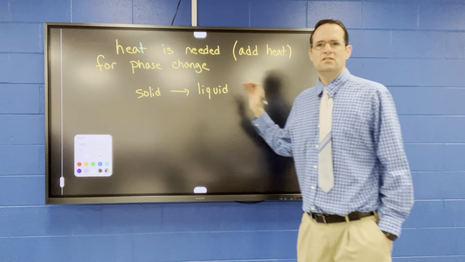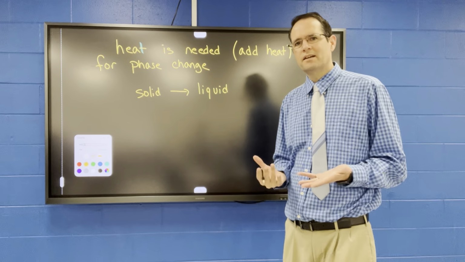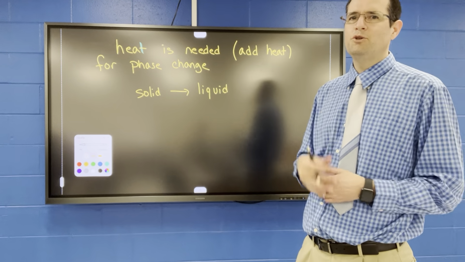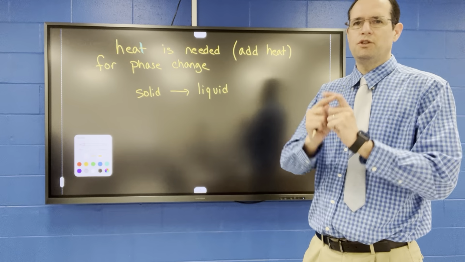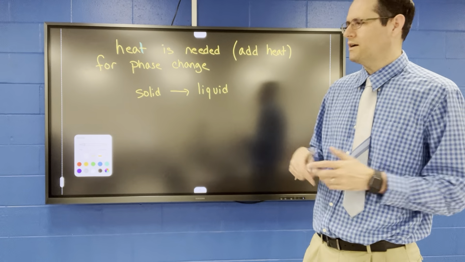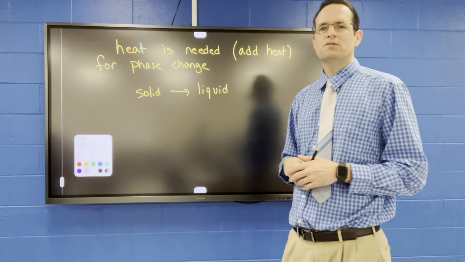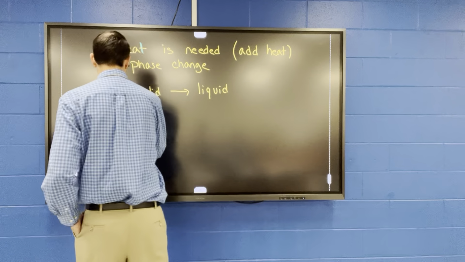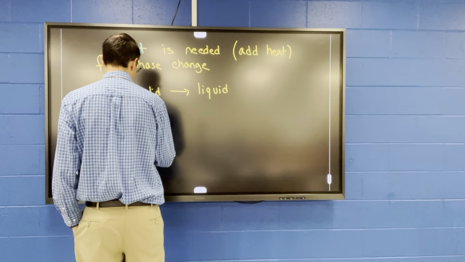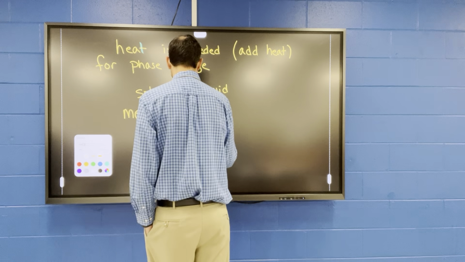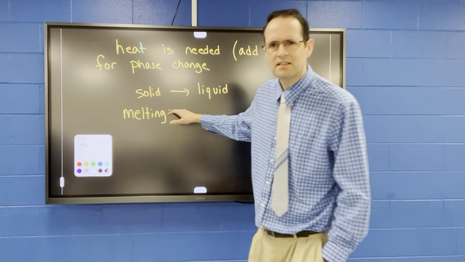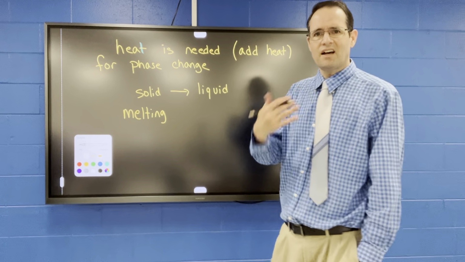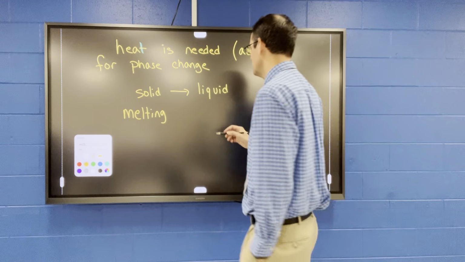When a solid changes to a liquid, in everyday common language, we call that melting, right? An ice cube melts, it changes from a solid cube-looking object to a puddle of water, right? In chemistry and physics, we call this fusion, okay, fusion. So this is the ordinary English language term, and then in the sciences, we call it fusion, okay?